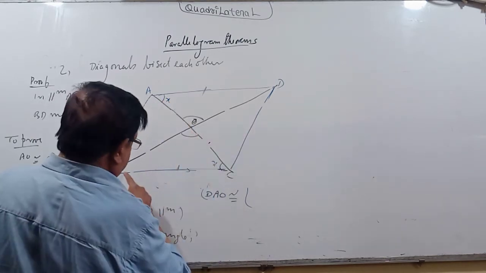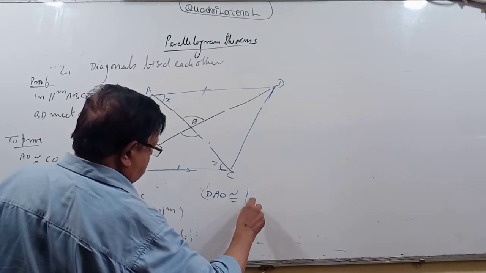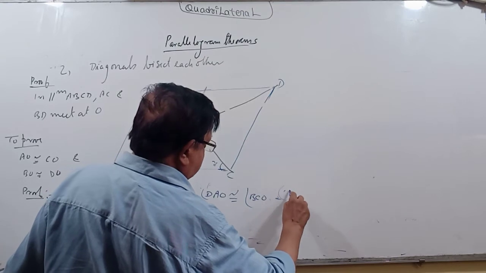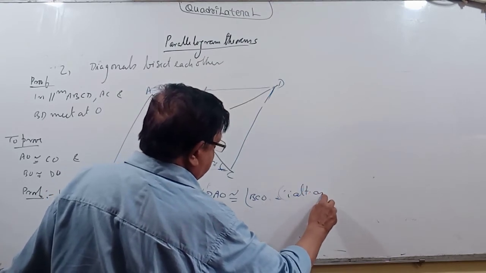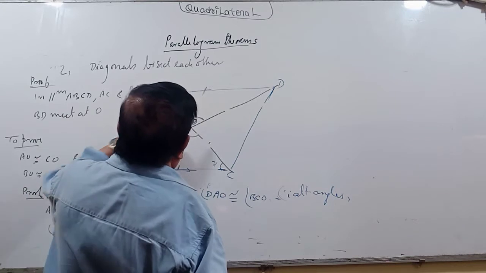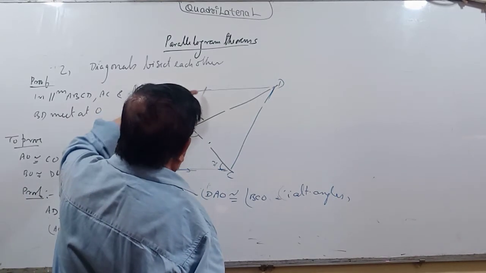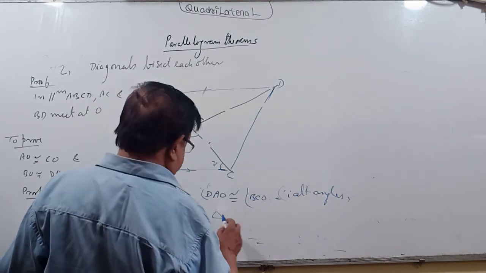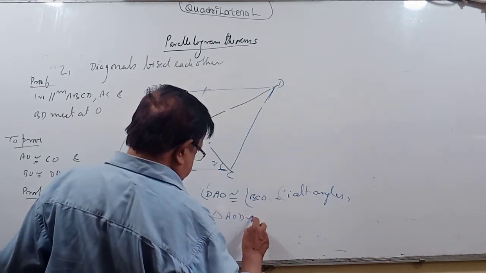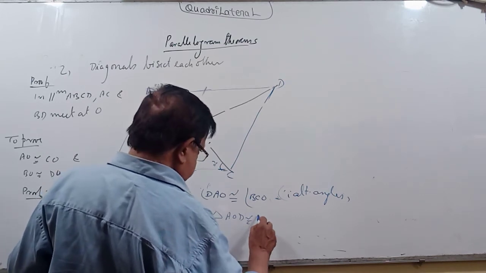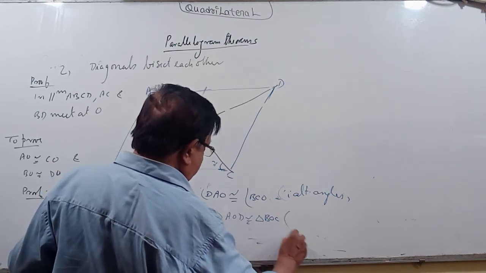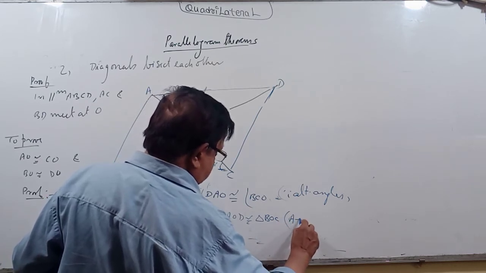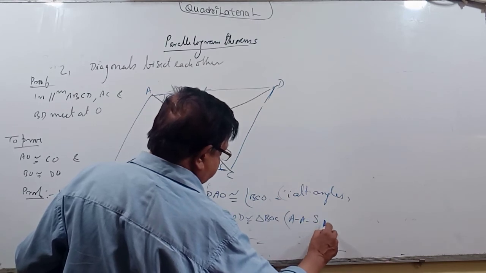The reason is alternate angles. Therefore, angle side angle. The two triangles, AOD is congruent to triangle BOC by the angle side angle test.